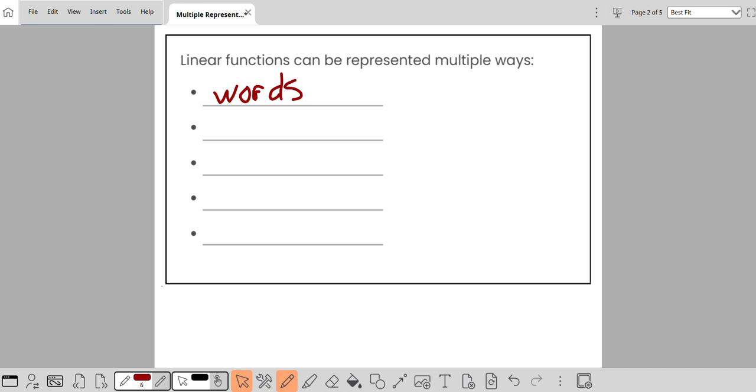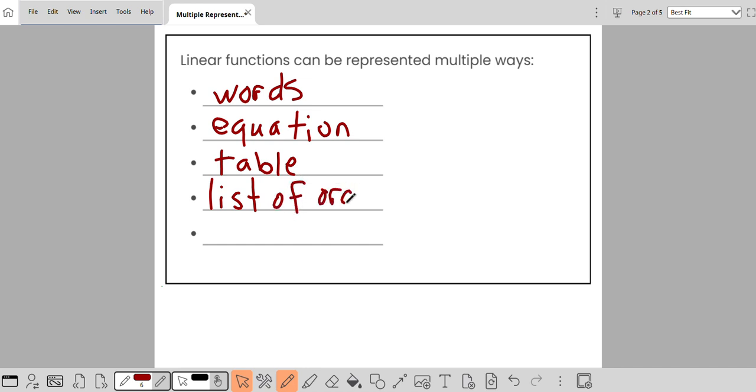The second way a linear function can be shown is with an equation. The third way something might be able to be shown is with a table. The next way is a list of ordered pairs.